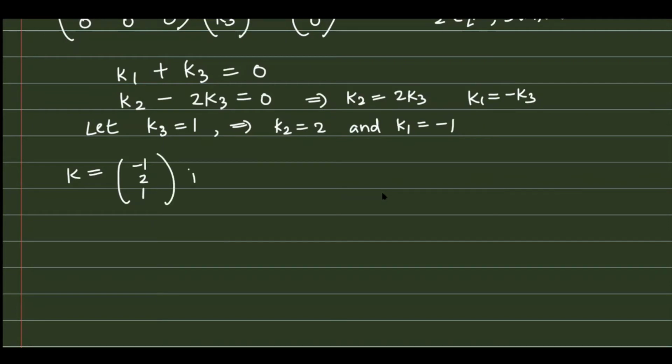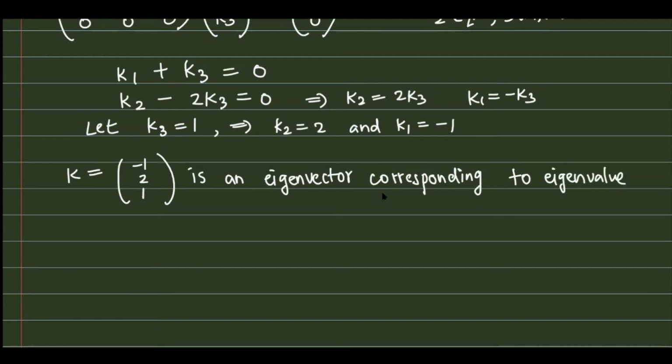So this is an eigenvector corresponding to eigenvalue lambda equal to minus 4.